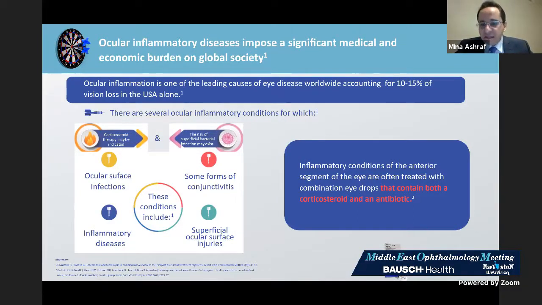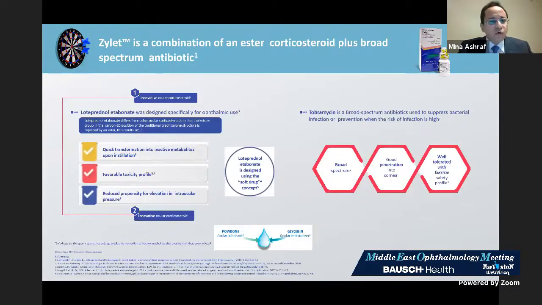Often, these conditions are treated with combination eye drops that contain both a corticosteroid and an antibiotic. Xilit is a combination of the ester corticosteroid loteprednol etabonate and the broad-spectrum antibiotic tobramycin. Xilit includes the innovative ocular corticosteroid loteprednol etabonate, which was designed specifically for ophthalmic use. As we will see in the coming slides, loteprednol provides quick transformation into inactive metabolites upon instillation, a favorable toxicity profile, and reduced propensity for elevation of intraocular pressure.